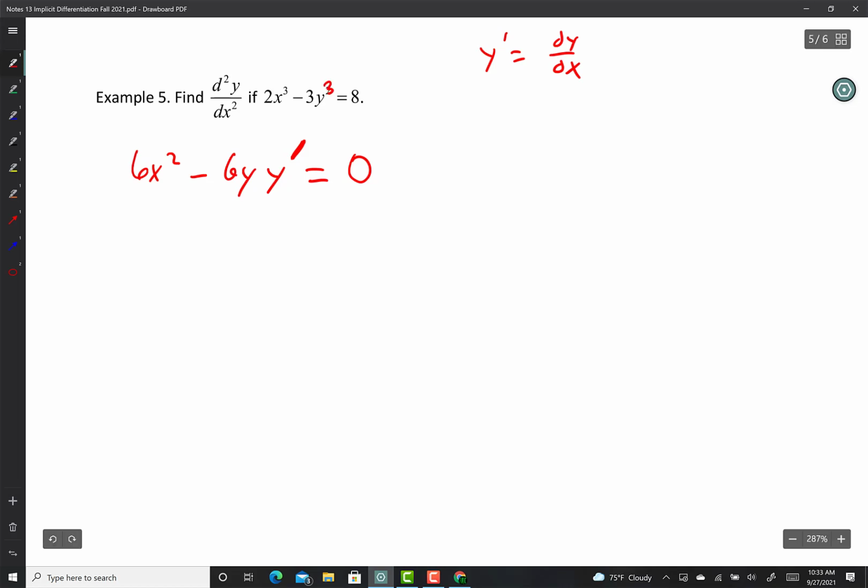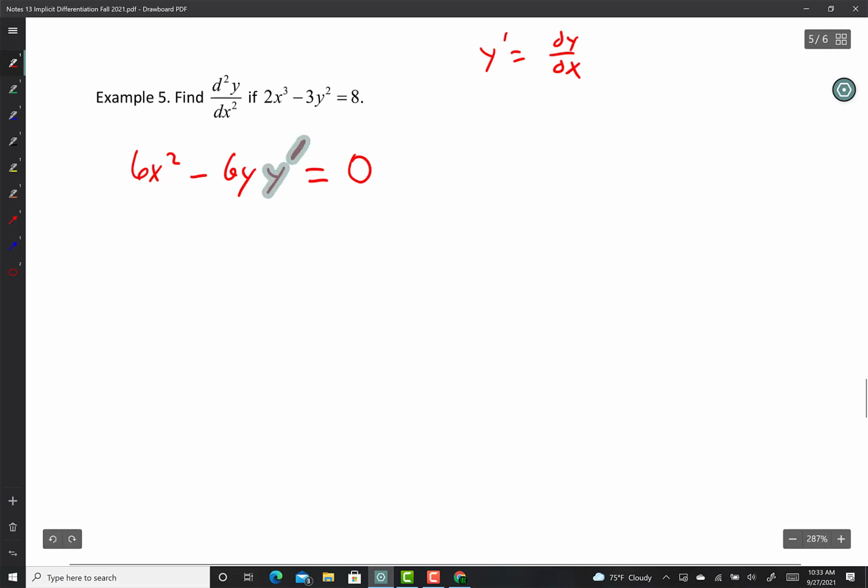If this were to the third, it would have been 9y squared, y prime, because as soon as you put a square on your y prime, what is that? And if it was like 3y to the fourth, you'd get 12y to the third, y prime. Or if the y prime is bothering you, I can go to dy/dx.